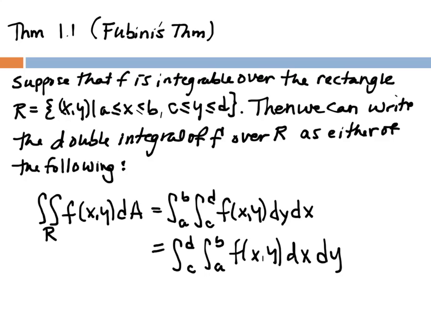Okay, so let's take a look at what's actually happening here in terms of the notation. This is a nesting function, right? It's inside of something else, like a composite function. So the reason that we have the y first in the first one is because the y corresponds to the limits of integration c and d.